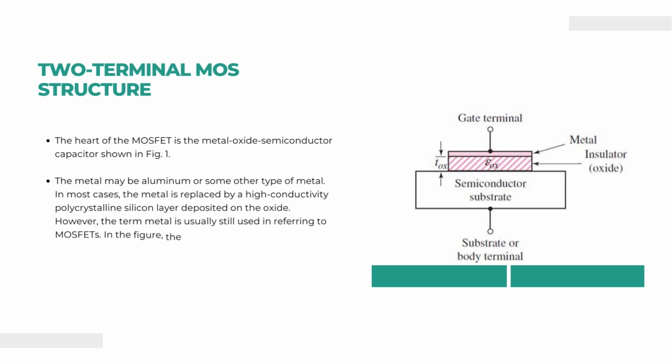Here in this figure we can clearly identify there are three layers. The first one is the metal, the second one is the insulator, and the third one is the semiconductor. So, it forms the layers of metal, oxide and semiconductor.